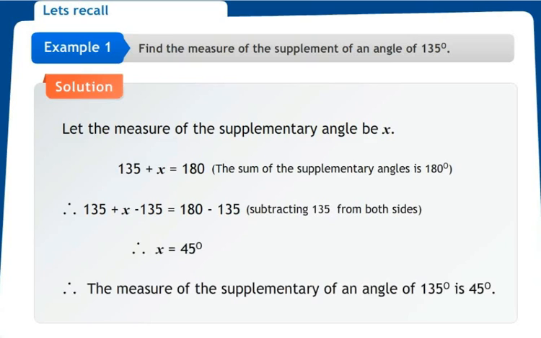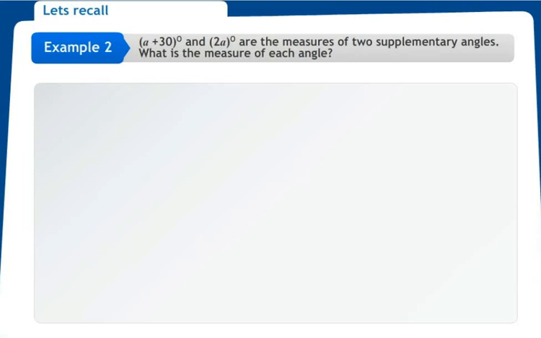If we add 135 and 45 and the sum is 180 degrees, that means the statement that the supplement of 135 is 45 is true. It is exactly the same as finding the complement of an angle.